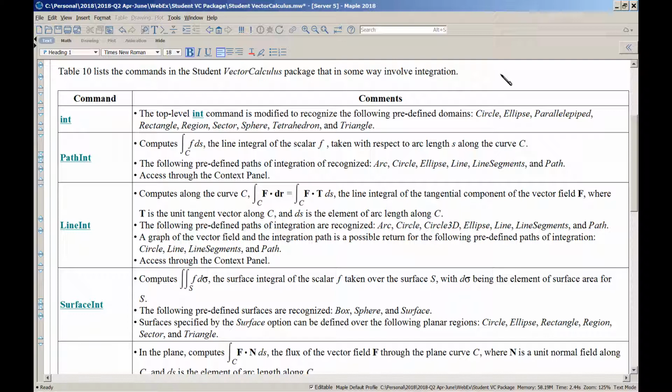So it will do div, grad, curl. It will represent vectors very nicely with little hats over the basis vectors and so on.